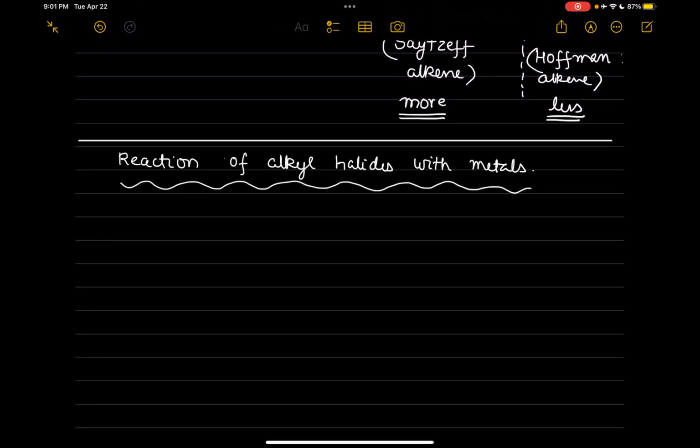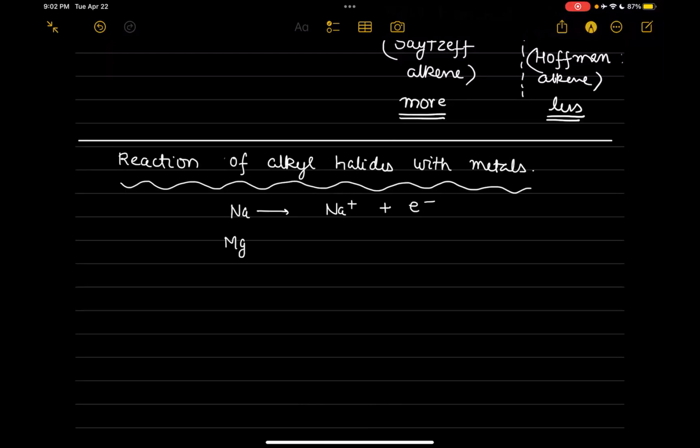Metals are electropositive, means they have a tendency to give electrons, okay, donate electrons, right? So metals have a tendency to lose electrons. All of us know that very well. For example, if you take sodium metal, it will give electrons. It will itself turn to Na plus and it will lose its electron.